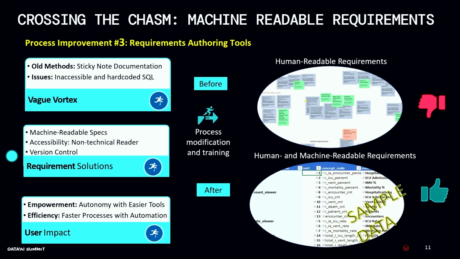So what we've done is we've created an Excel template, the latest version of it, and it captures requirements in a grid-like form that is machine readable and human readable. Obviously this requires a little bit of training of our users, which we have to engage in.